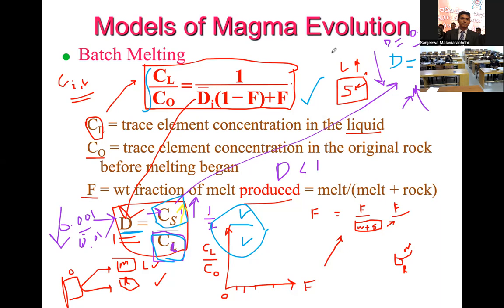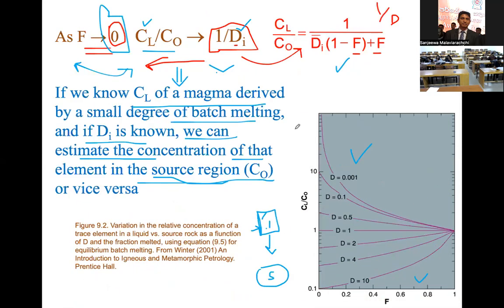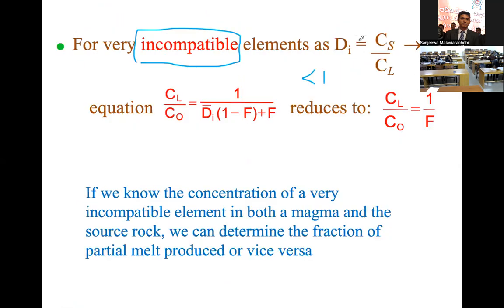So the higher the incompatibility, the lower the D value. For highly incompatible elements, if you want to simplify, you may take this D as 0, approaching almost 0.